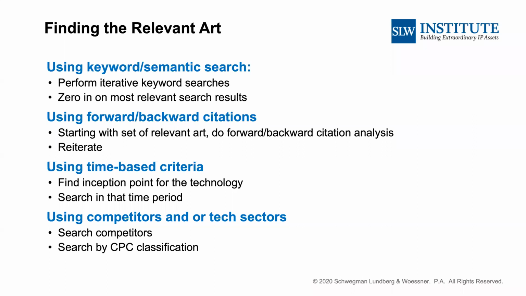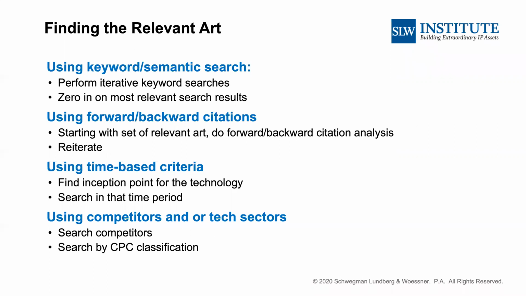I was just going to add on the iterative part. Lots of times you'll do some searching, and then you'll run forward and backward citations, and you'll pick up some stuff that you didn't catch doing keyword, and you can ask yourself, why wasn't it caught, and then iterate based on new keywords.